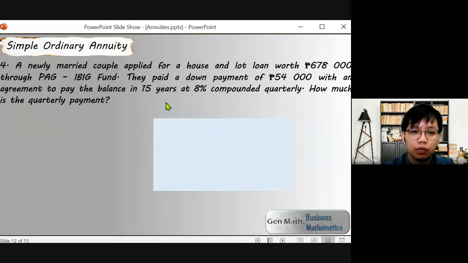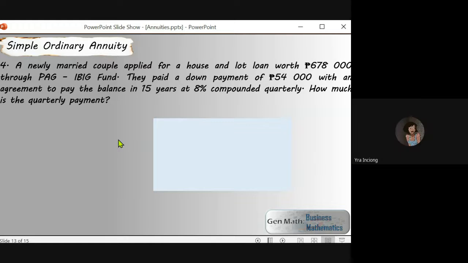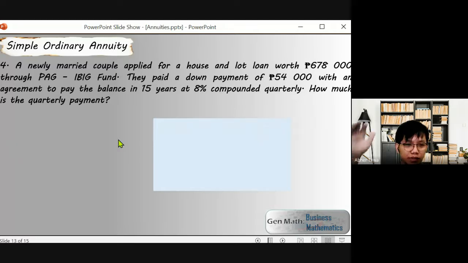Let's have the example number 4. Okay, who wants to read number 4? We have Ira. A newly married couple applied for a house and lot loan worth 678,000.